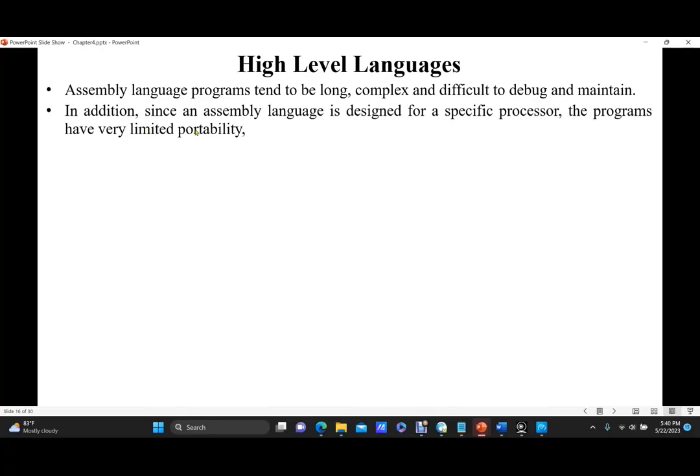In addition, since an assembly language is designed for a specific processor, the programs have very limited portability. A program written for one kind of computer probably couldn't work on another kind. It's difficult to transfer a program from one computer to another.